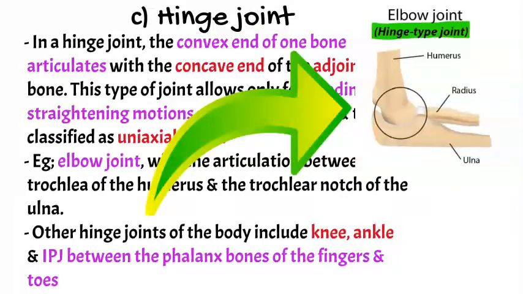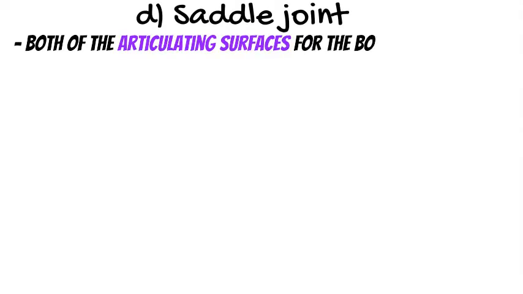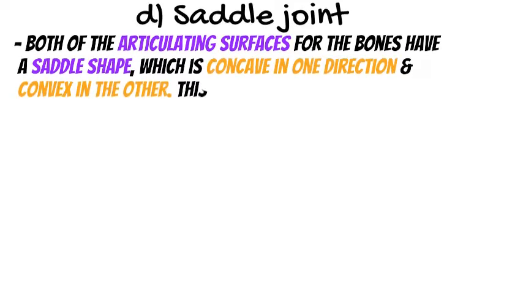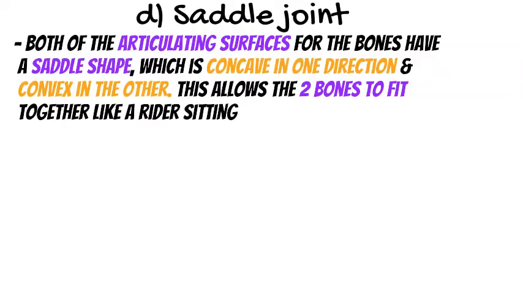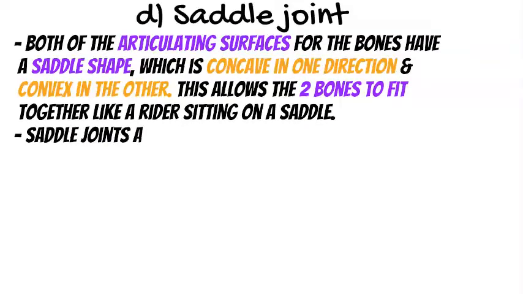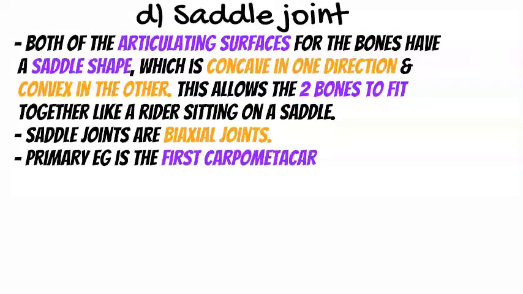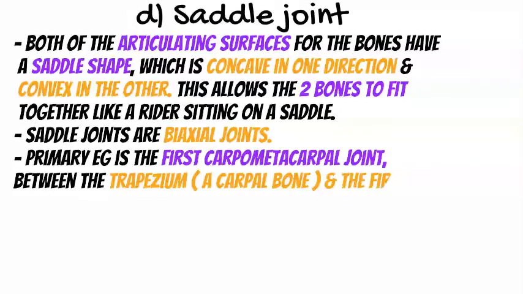D. Regarding the saddle joint. Both of the articulating surfaces for the bones have a saddle shape, which is concave in one direction and convex in the other. This allows the two bones to fit together like a rider sitting on a saddle. Saddle joints are biaxial joints.